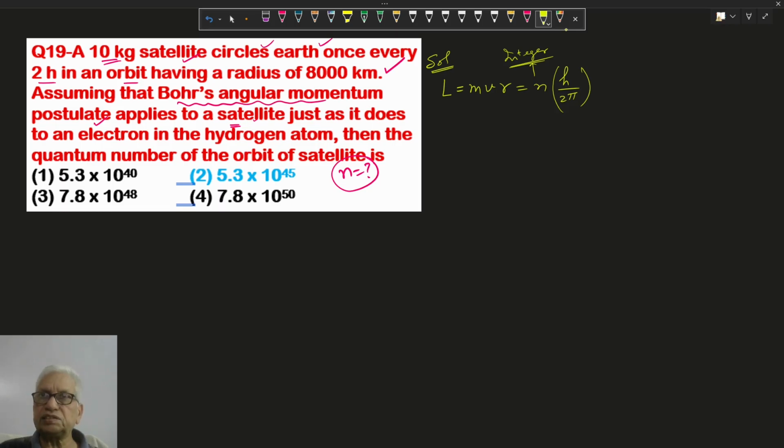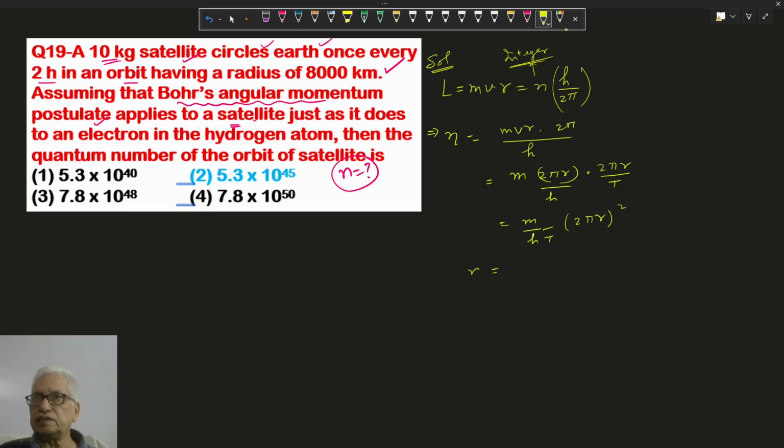Now for this Earth and satellite system, we can calculate n equal to mvr times 2 pi upon h. Now, what is v? Velocity can be written as distance over time, so n equals m upon h times 2 pi r.